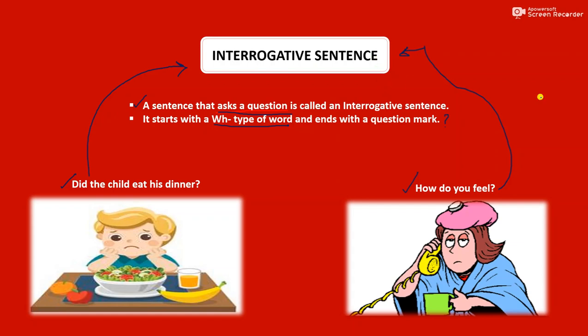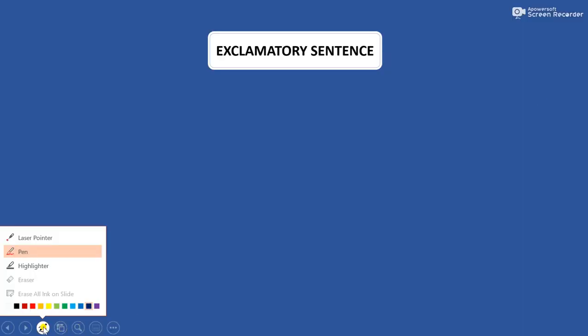So I hope interrogative sentences and declarative sentences are clear with all of us. Moving ahead to the third type of sentence, which is exclamatory sentence.